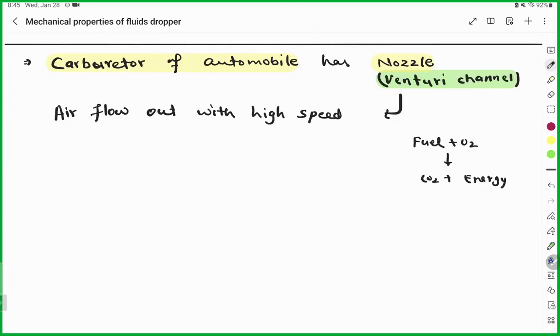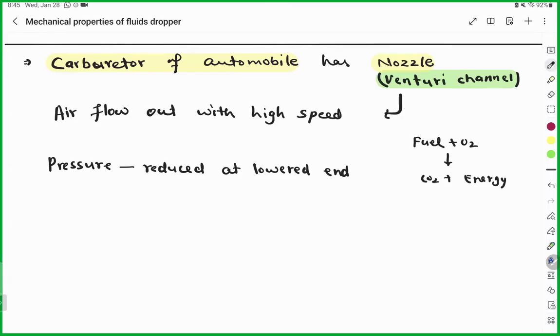Vandana? Yes, sir. What is the purpose of this? Here, pressure is reduced at the lower end. And when pressure is reduced at the lower end, then petrol will be sucked up in the channel.